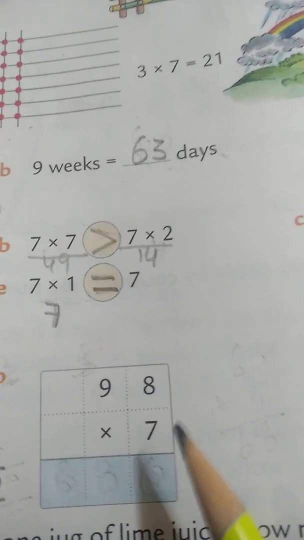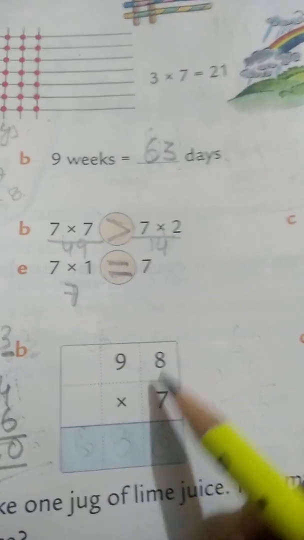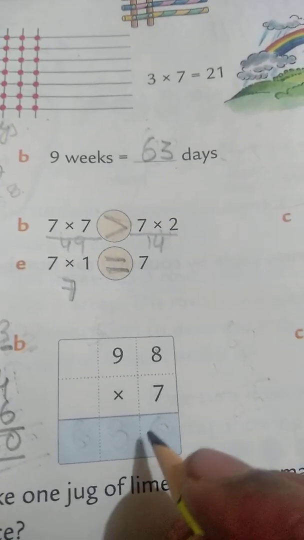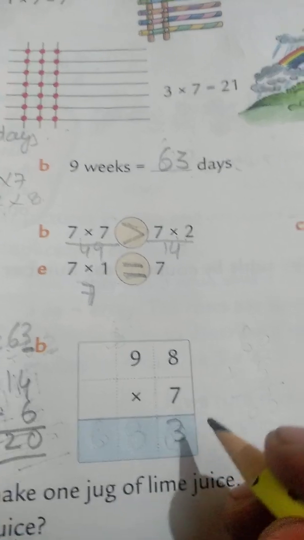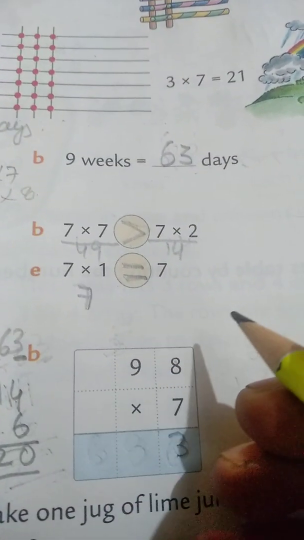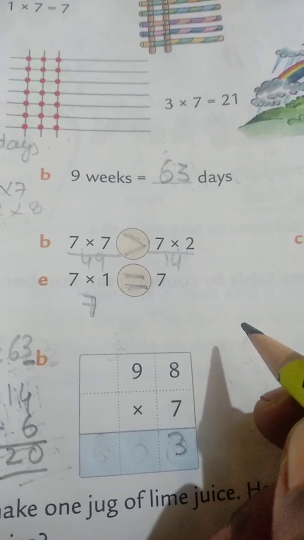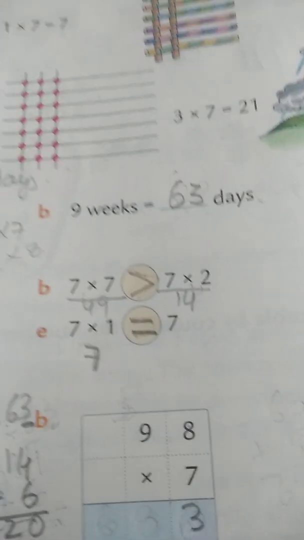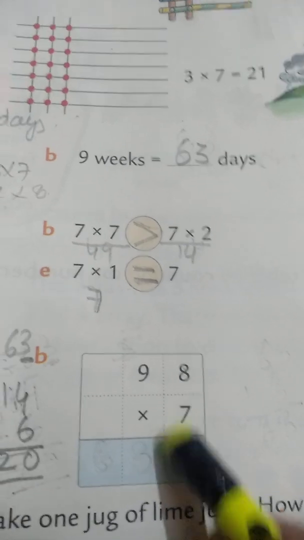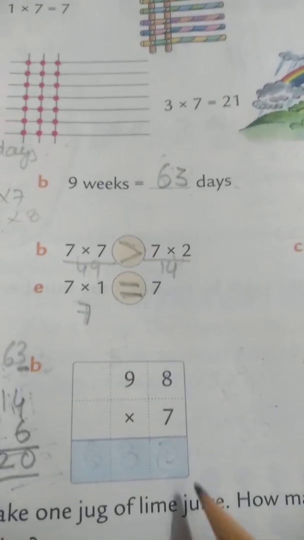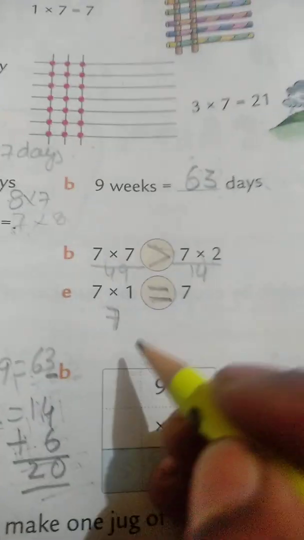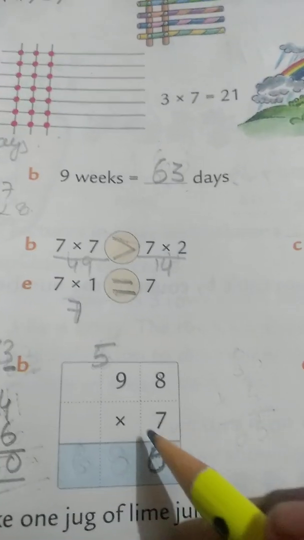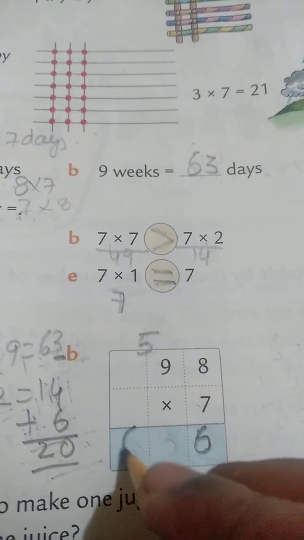In the same way, you will multiply this one also. 7 eights are 56, so 6 and you are going to write 5 here. 7 nines are 63 plus 5, 63 plus 5 is 68.